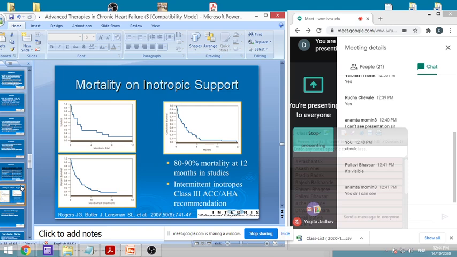Actually, regarding inotropic mortality, there is no big meaning for that, because most of the time when an inotropic agent has to be given, that means the patient is in a very advanced stage of heart failure, and it is just an effort to prolong life.